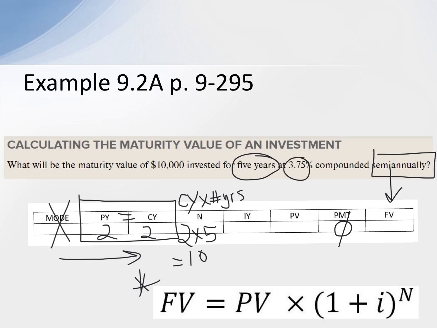Interest is given at 3.75. And we're investing money, so money is going out. So the money invested is negative $10,000, and we're going to be able to compute our FV. On the next slide, we'll look at how we input these values into the BA2 Plus calculator.